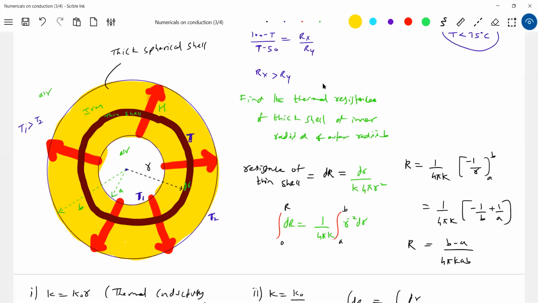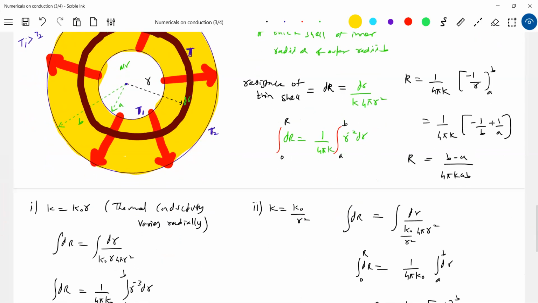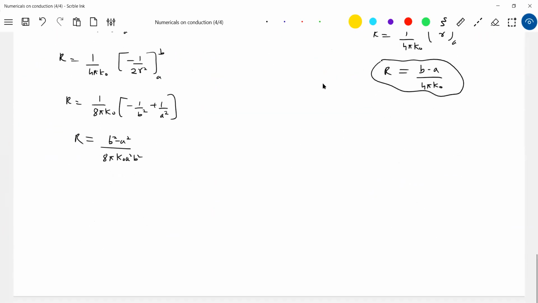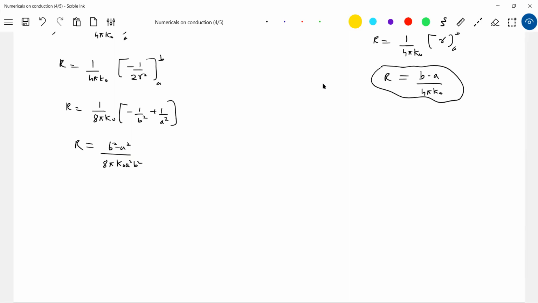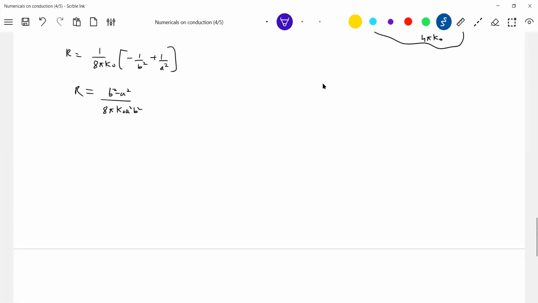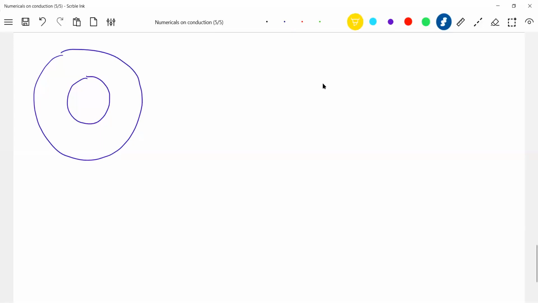I'm talking about heat current, thermal power, so that will be easy for you. So they are in series, and I want the temperature. The same procedure, the same method, the same ideas. I think we'll do it on the next page.